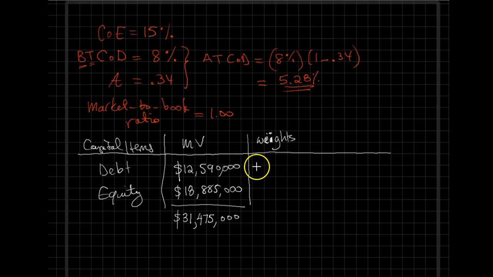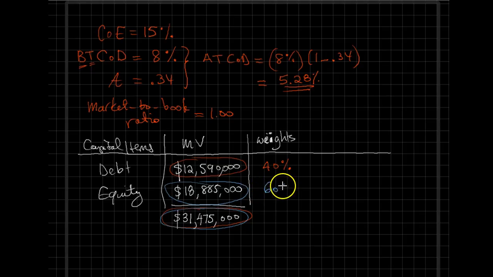Now it's time to calculate the capital weights. To calculate the weight, all I do is divide debt by total capital, and this should come out as roughly 40%. You do the same thing for equity: you divide equity by total capital, and you should get 60% as your weight of equity.